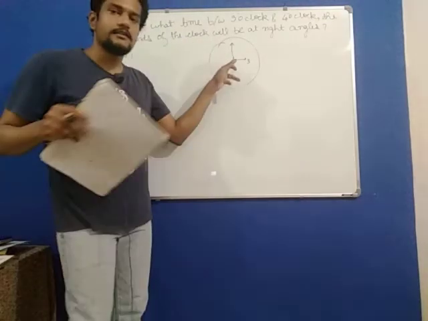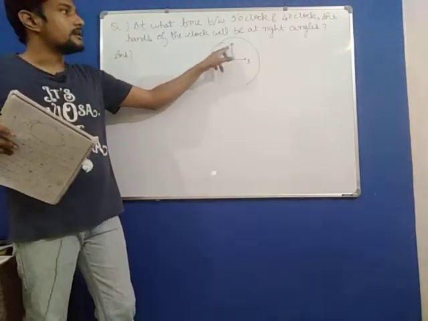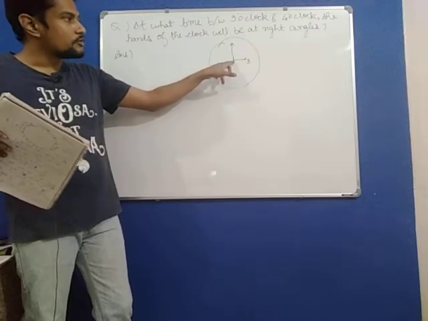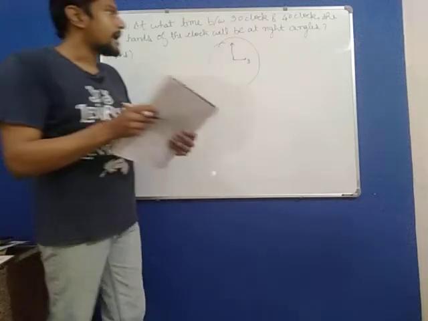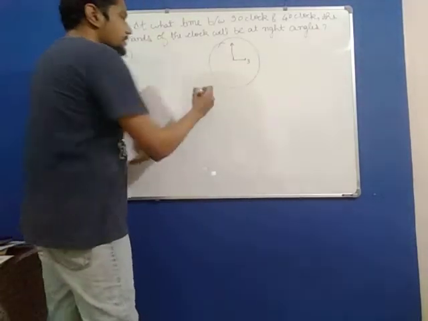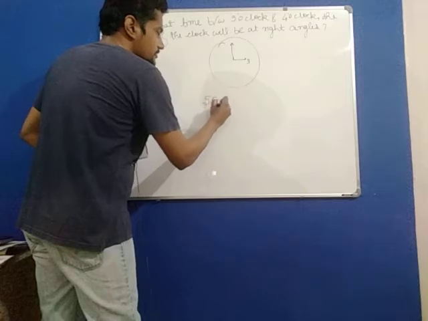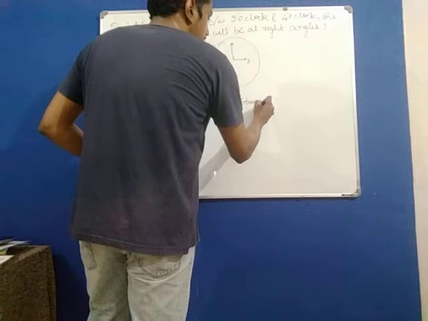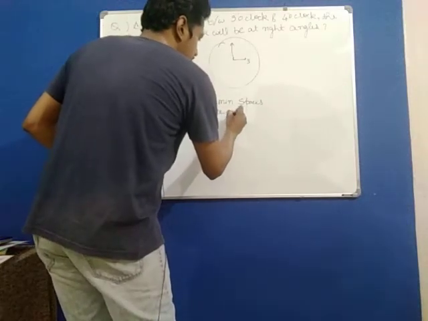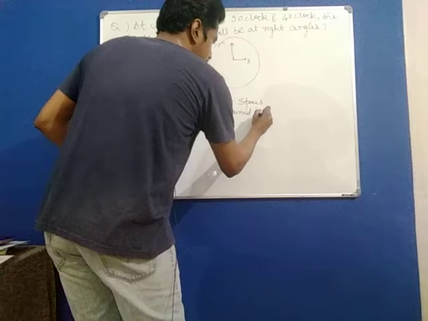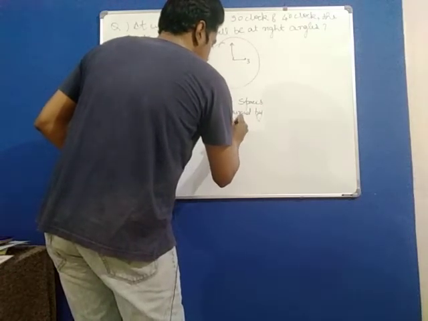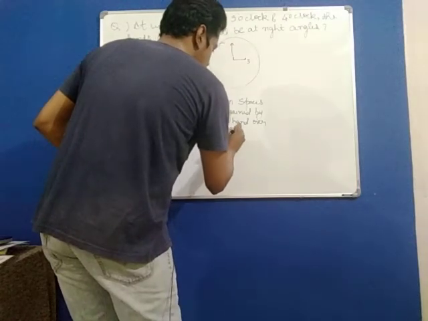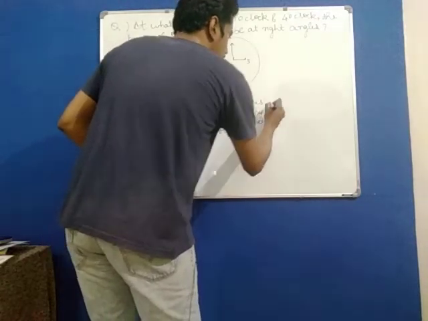For the hours and the minute hand to be at right angle to each other, the minutes hand will have to travel 30 minute spaces to be perpendicular to the hours hand, and we remember from yesterday's class that 55 minute spaces are gained by the minutes hand over the hours hand in 60 minutes.